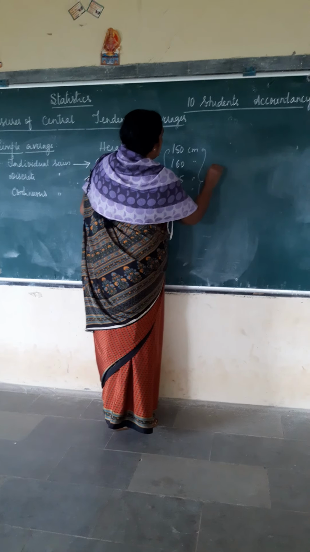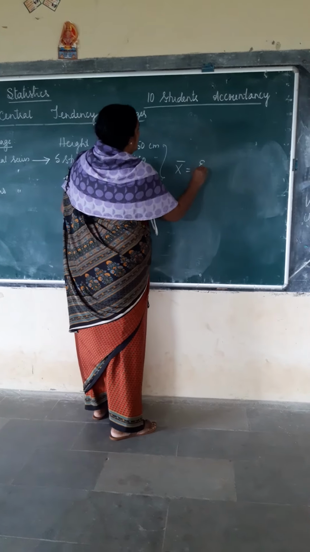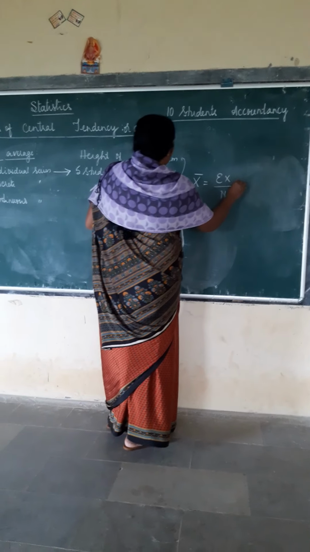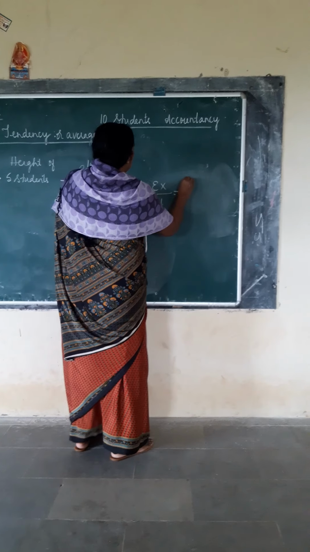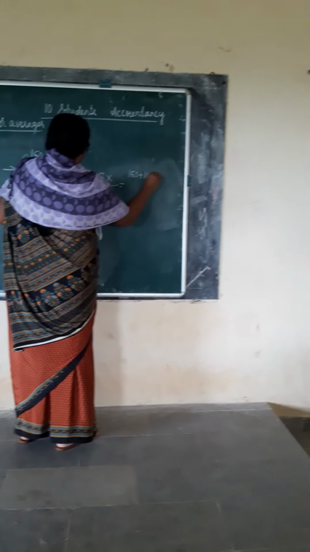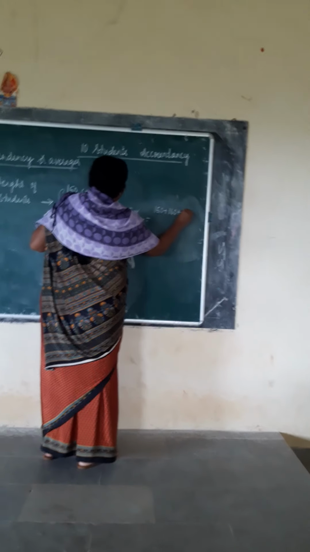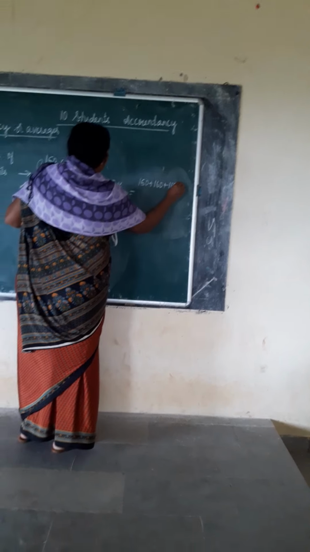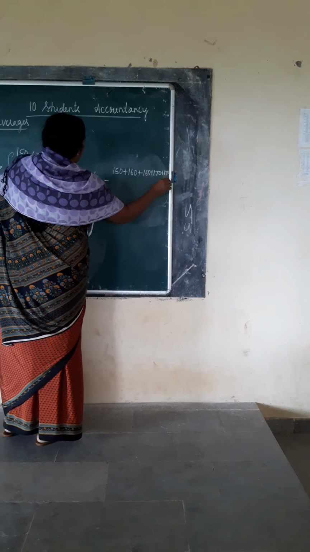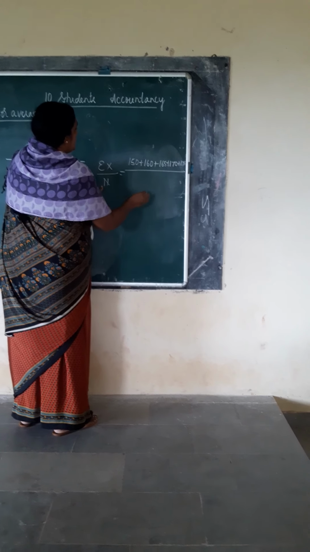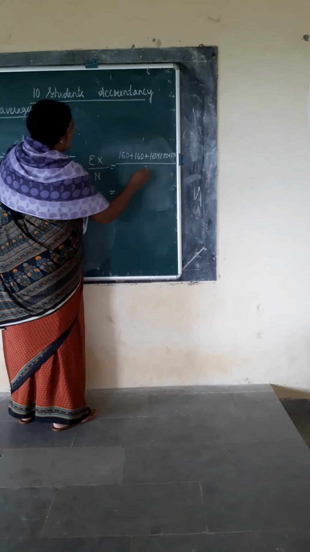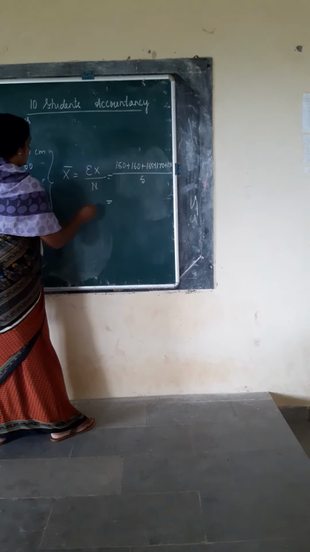So mean is equal to sum of all the items divided by number of items, is equal to 150 plus 160 plus 165 plus 170 plus 175, divided by the number of items, 1, 2, 3, 4, 5.